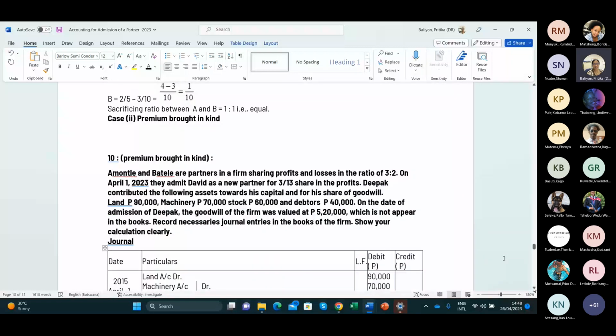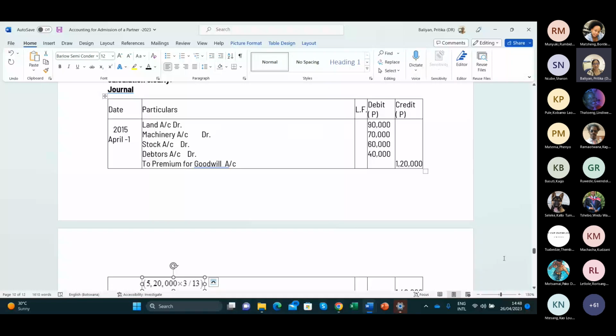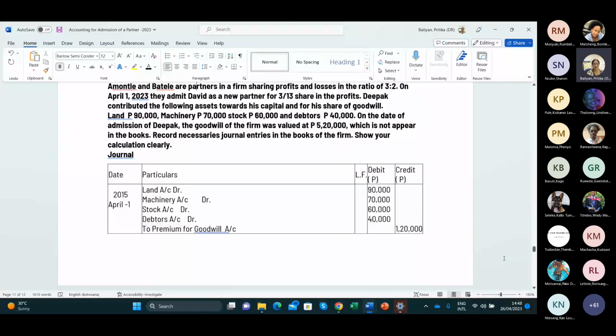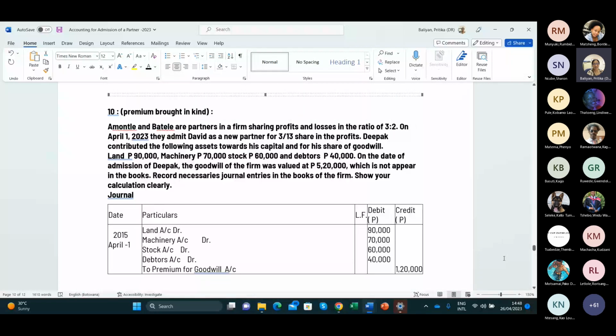When the goodwill is brought in the form of an asset, not in the form of cash, we have this example. A and B are partners in a firm sharing profit and loss in a ratio of 3:2.